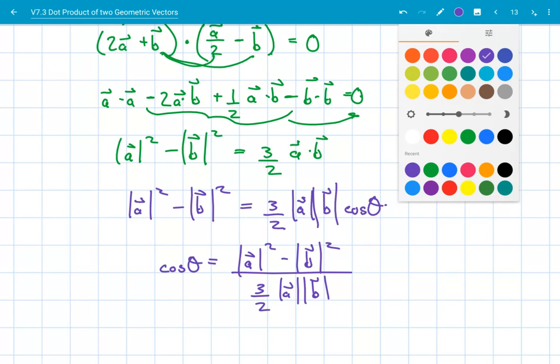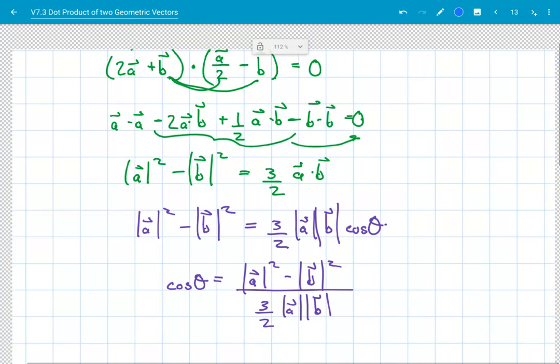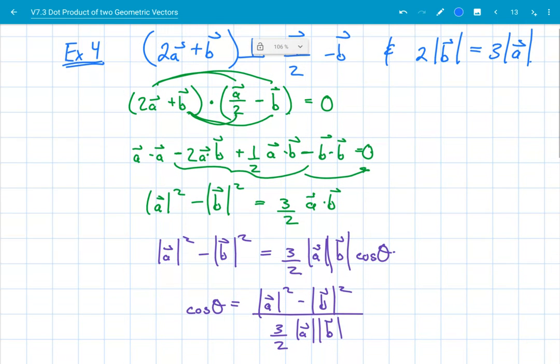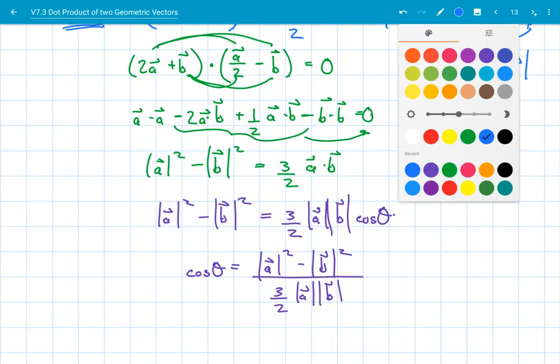Now, to simplify this, we're going to use the other fact given in the question, namely this right here. I'm going to replace magnitude b. So magnitude of b is 3/2 magnitude of a. So we're going to go ahead and sub that in.